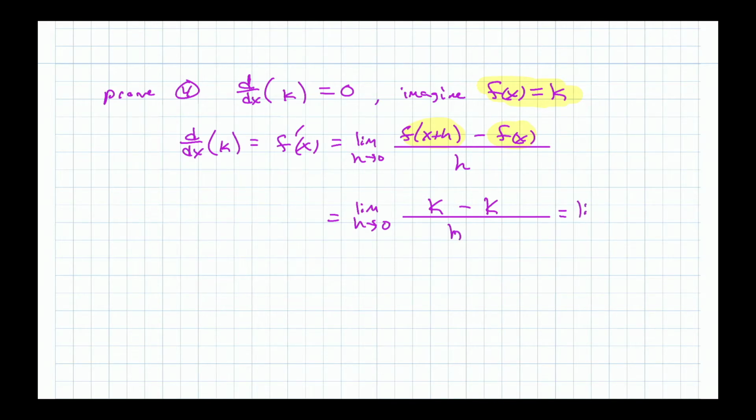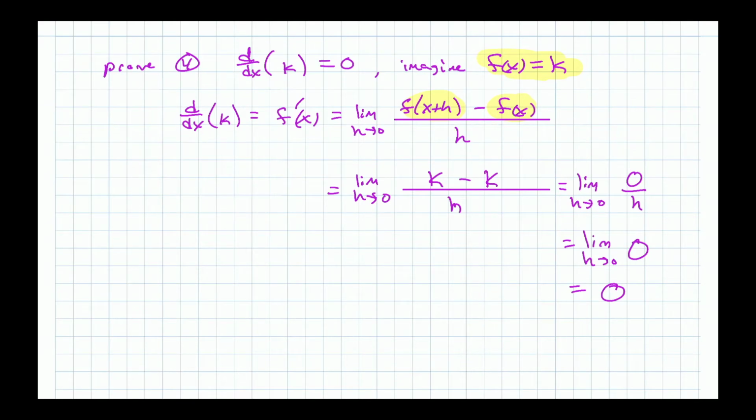So it's just the limit as h goes to 0 of 0 over h, which is the limit as h goes to 0 of 0, which is 0. All right, so it's just such a very basic thing here. So this derivative is 0, just like that.